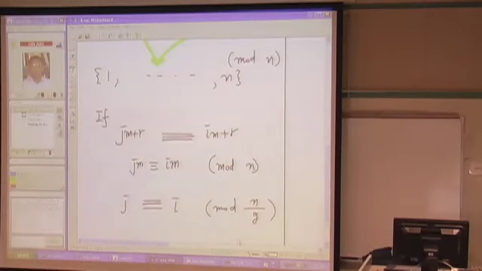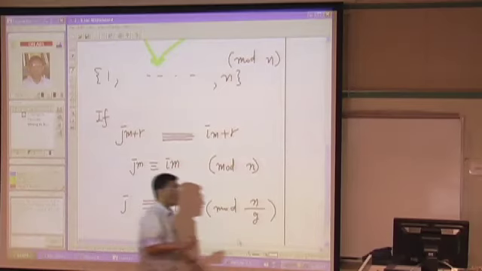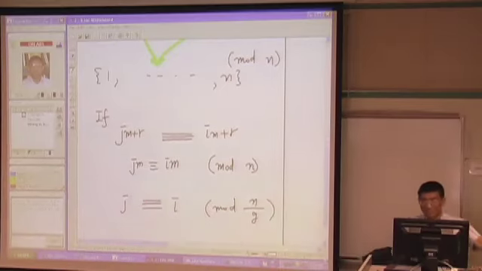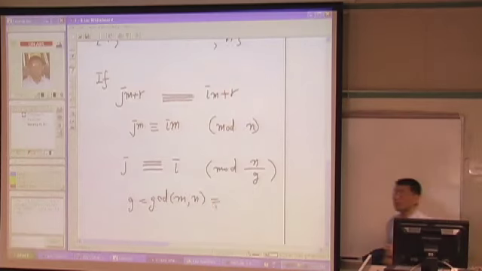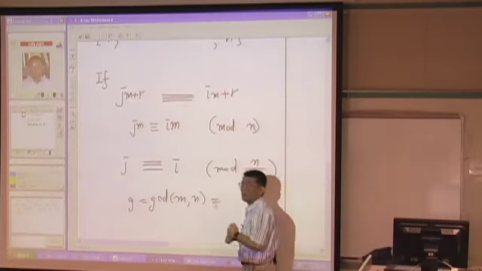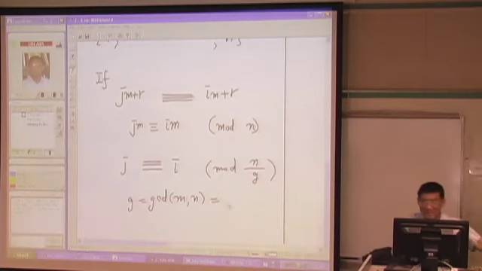Mod should be changed. And with this, G is what? Can you clarify G? G equals GCD of M and N, right? By condition, GCD of M and N is what? 1. So, because of this reason, J is congruent to I mod N.